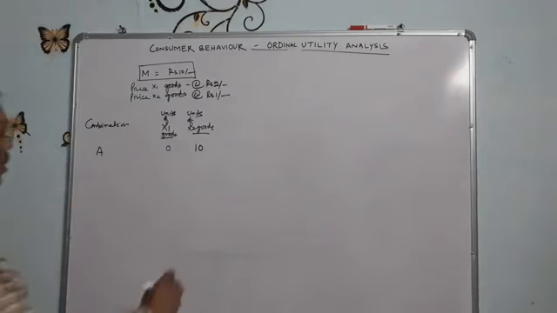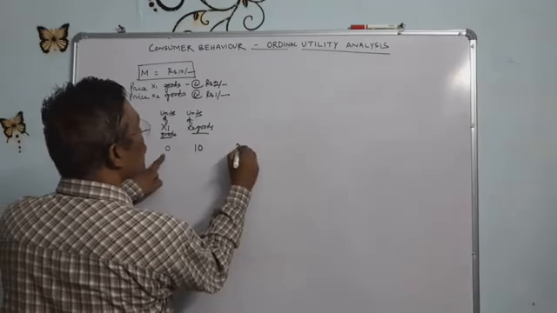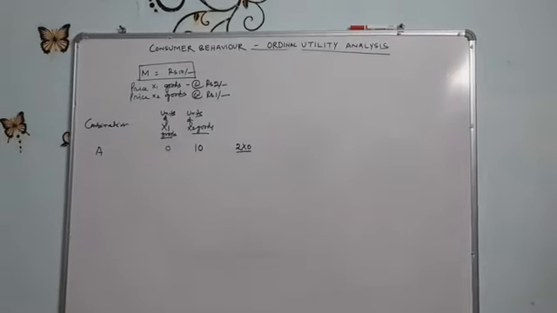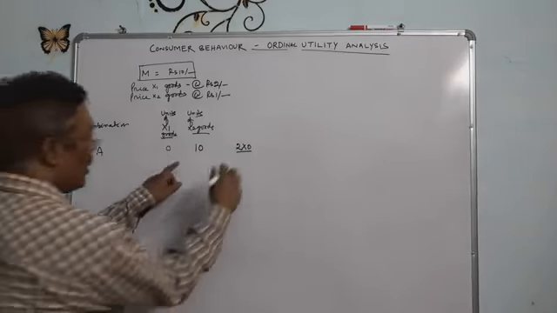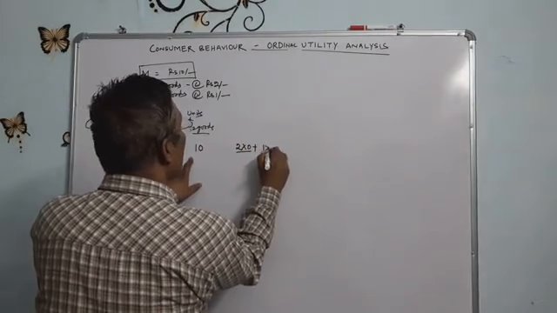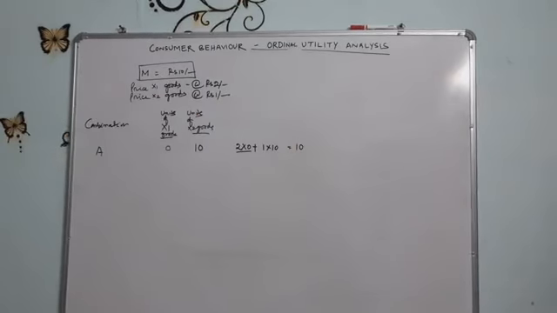Because the price of X1 is 2 rupees into 0 units, it means 0 rupees spent. The remaining 10 rupees will be spent at 1 rupee into 10 units, equal to 10. Now it is clear.